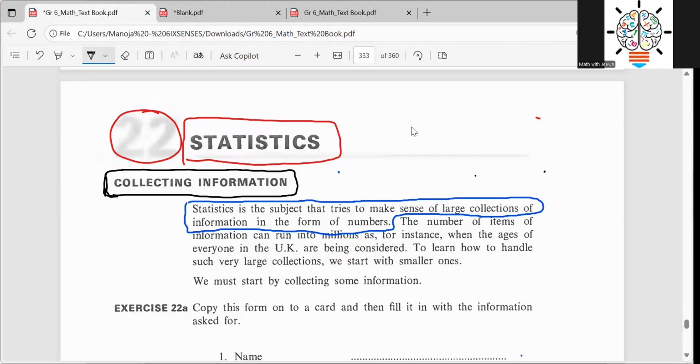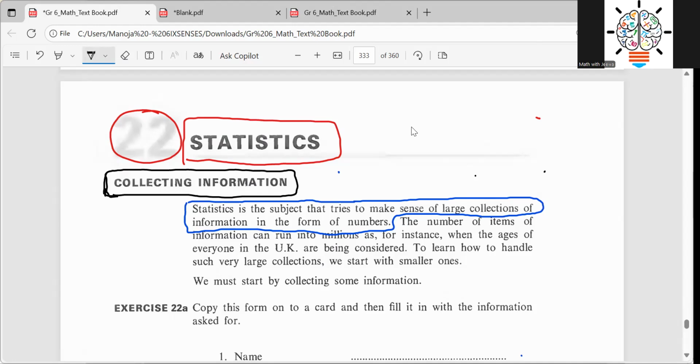Now, what I have covered in blue is your note, the first sentence you should write. Statistics is the subject that tries to make sense of large collections of information in the form of numbers. So we have the information, we convert it into numbers, and we are going to analyze it.